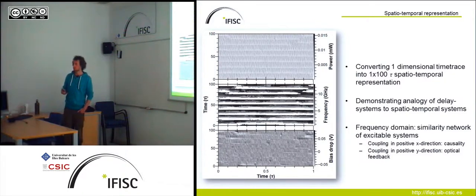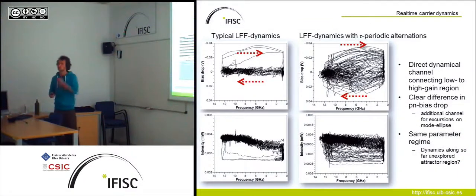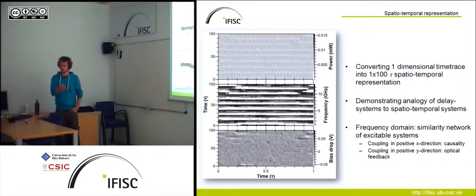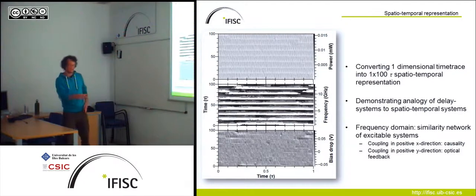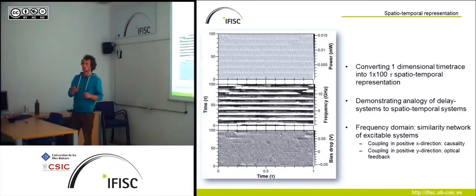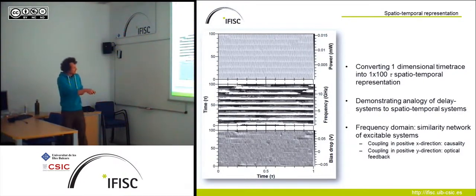One different representation we can use for this data, this is all the same data, is a comparison to some kind of spatio-temporal model. So instead of displaying the data in 2 or 3 dimensions, which are the physical variables of the laser, we take the time traces again, but now convert them into a matrix, with the delay time tau on the x-axis, stacking them one delay time after the other.